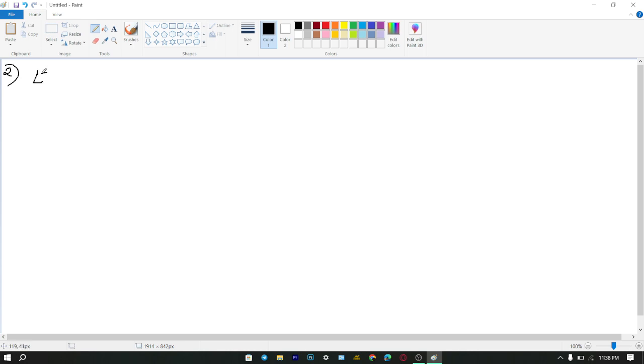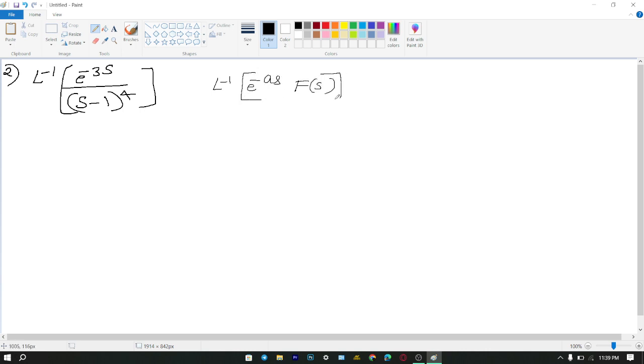Find L inverse of e raised to minus 3s divided by s minus 1 whole power 4. Here also we can consider this question as L inverse of e raised to minus as into F of s. When comparing, you can see that a is equal to 3 and F of s is equal to 1 by s minus 1 whole power 4.